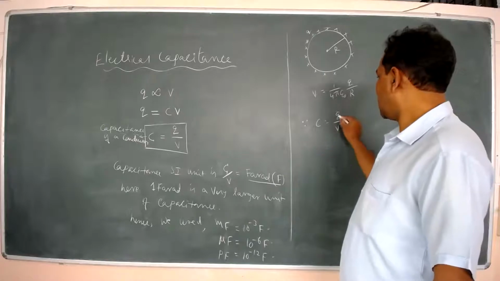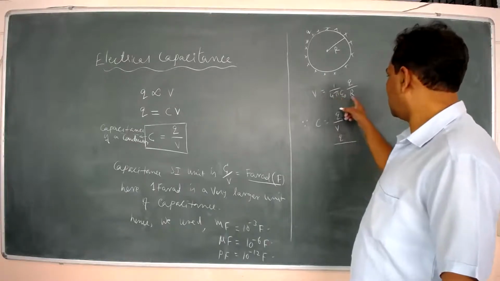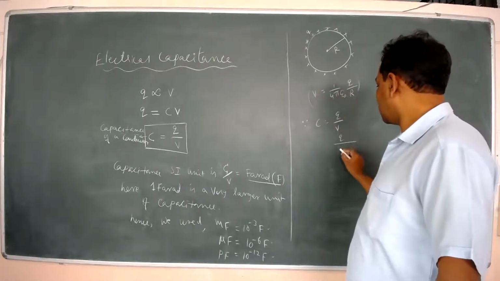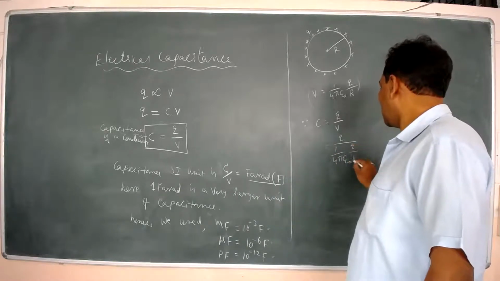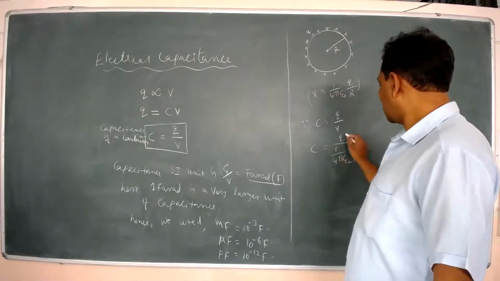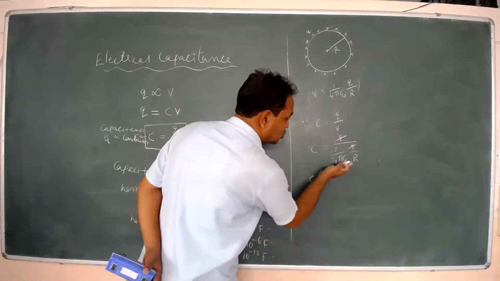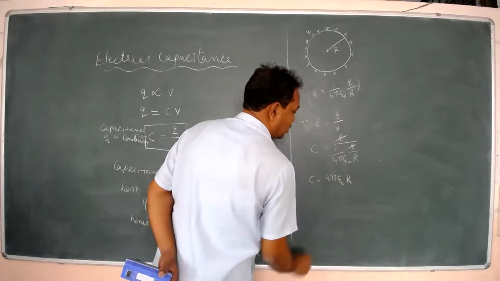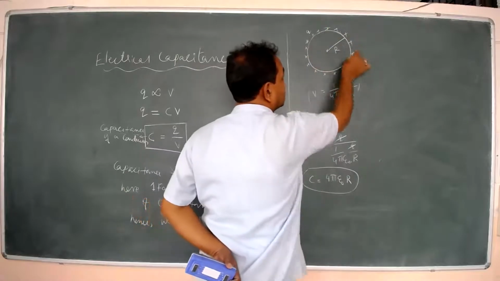So for V, I will write this value: 1 by 4 pi epsilon naught into Q by R. So this is equal to C. Here Q will get cancelled. Therefore, what is left is C equals 4 pi epsilon naught into R. So this is called the capacitance of this capacitor.